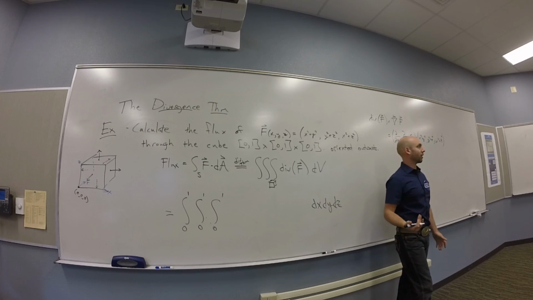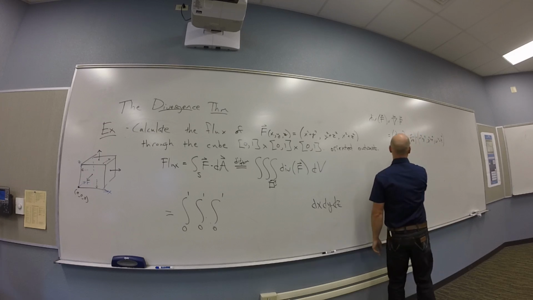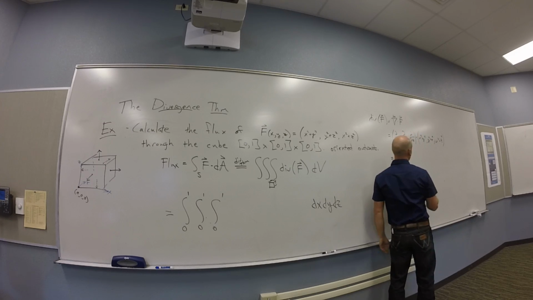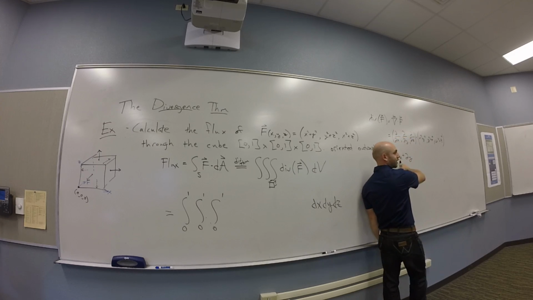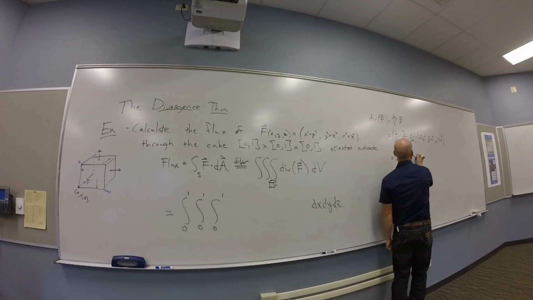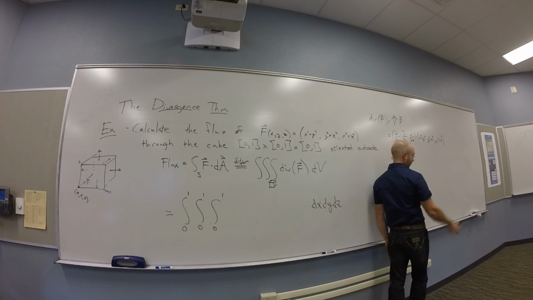What am I going to do? Take the x partial of the first thing: 2x. So this is the partial with respect to x of the first component; the y dropped and I got 2x. Then the partial with respect to y of the second component, I got 2y. And the partial with respect to z of the third component, you're going to get 2z.